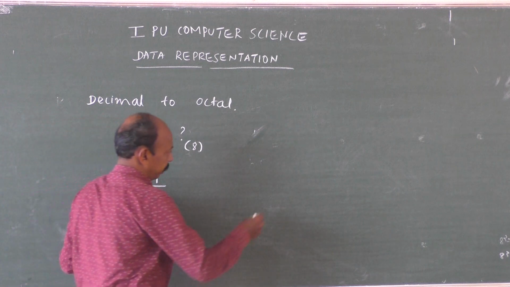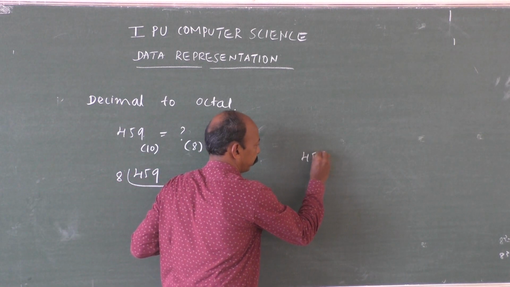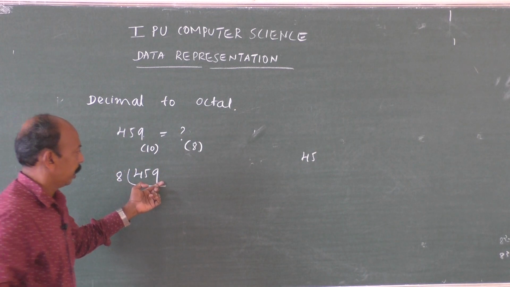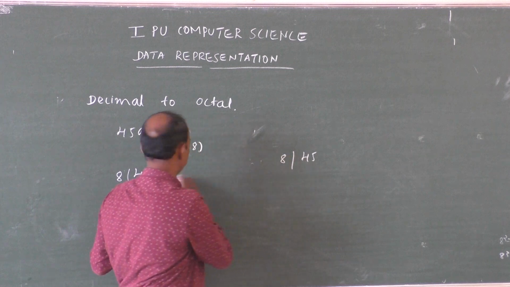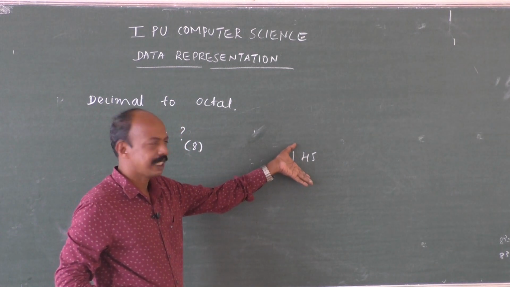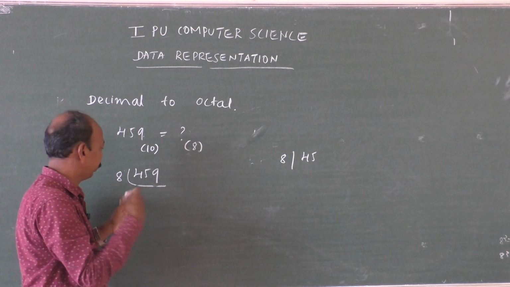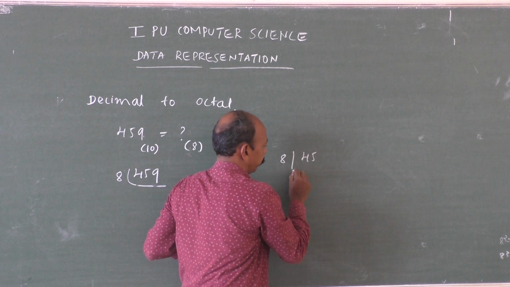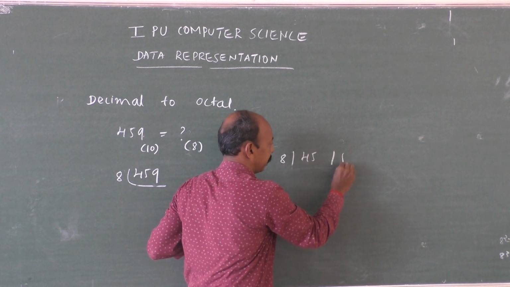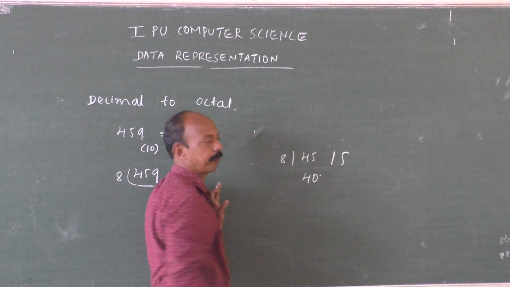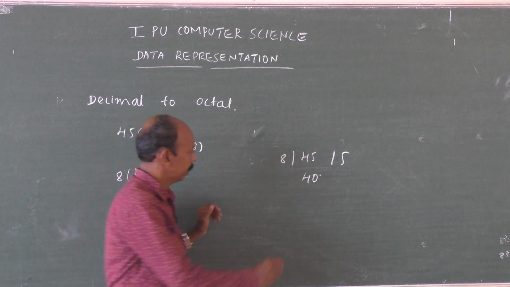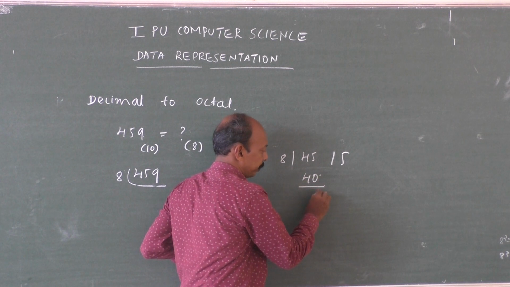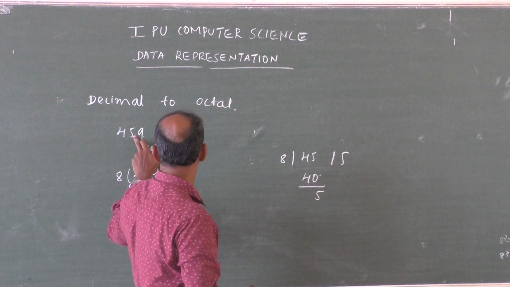So for your understanding, you can write like this: 45 you take, divide by 8. Of course 9 also we can write. It's for our understanding, that's all. Directly we can write the values here if you are familiar with the numbers. How many times? If it is 5 times, it will be 40. Right? So how much is pending now? 45 minus 40, that will be 5. It's not 45, it's 459.